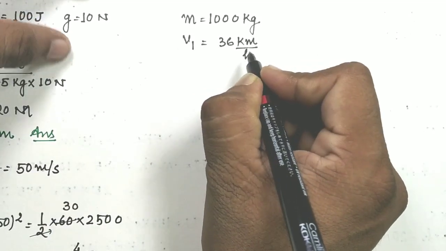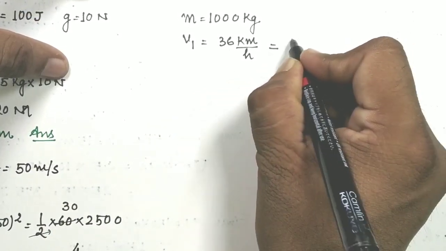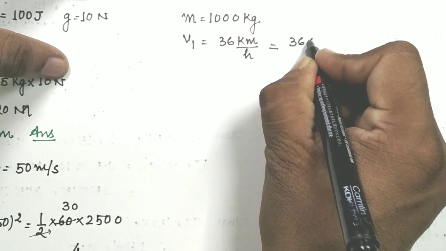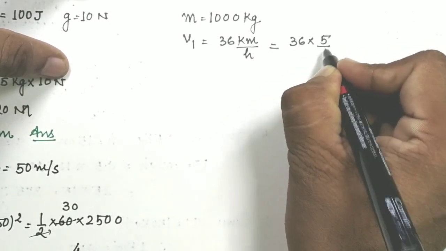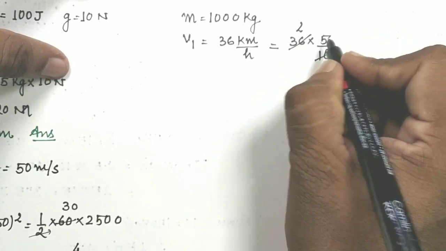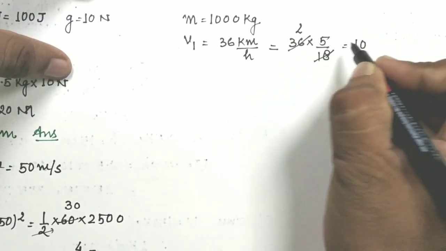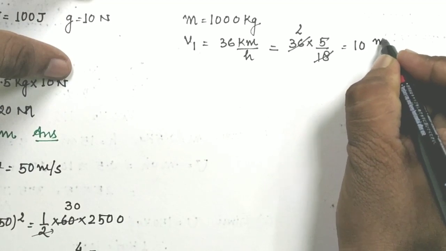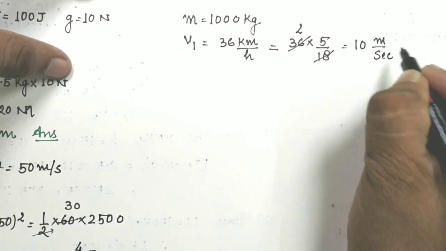So it will be converted into meter per second. So how much term will be multiplied? 5 by 18. So 18 twos are 36 and 5 twos are 10. It means that 36 kilometer per hour is equal to 10 meter per second.